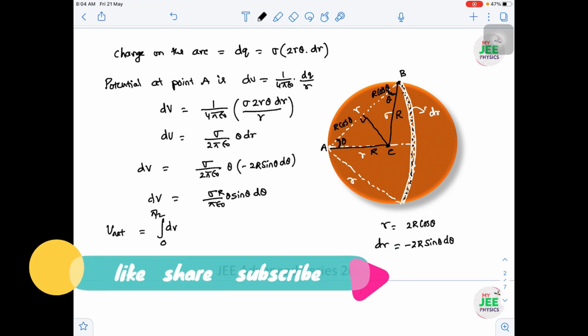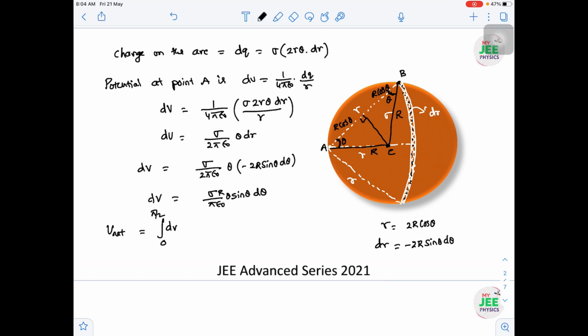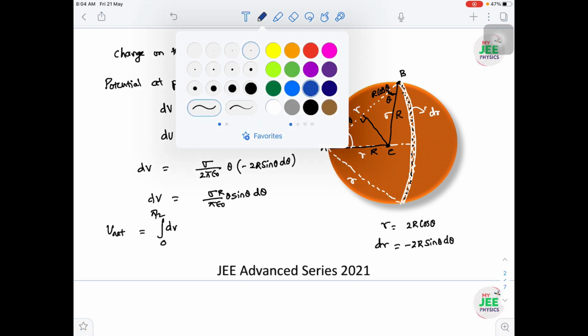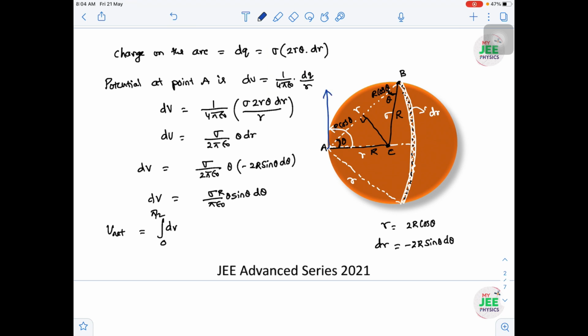If I change the theta value from 0 to pi by 2, I am covering all sectors or all arcs on the disk. I don't know how many of you remember, you did it in the same way when you found the field at a point on the edge of the disk. I don't know how many of you did.